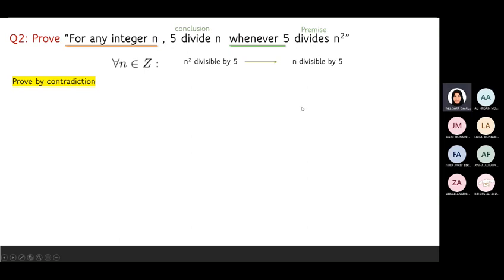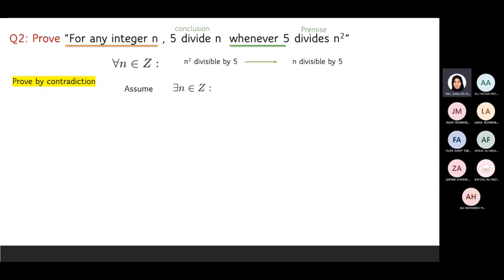So you are assuming that there exists n. First I change the quantifier to there exists, some integer if you are writing in English. There exists n belonging to Z such that the premise holds and not the conclusion. I'm assuming that n square is divisible by 5 but n is not divisible by 5.